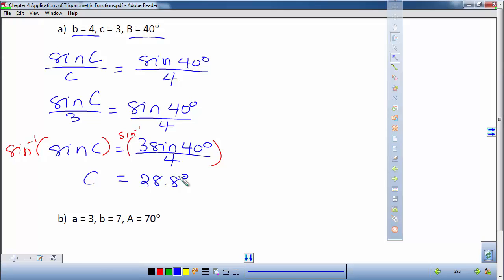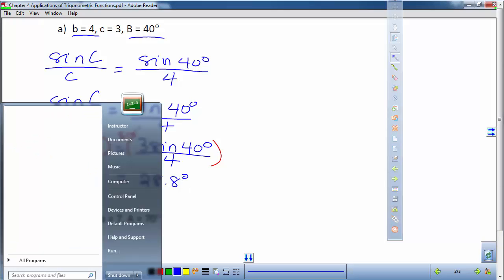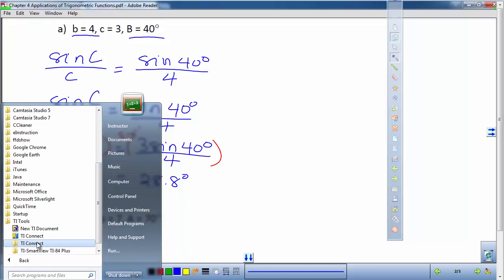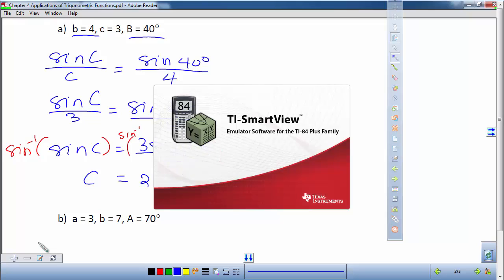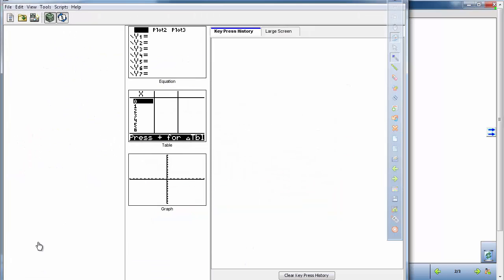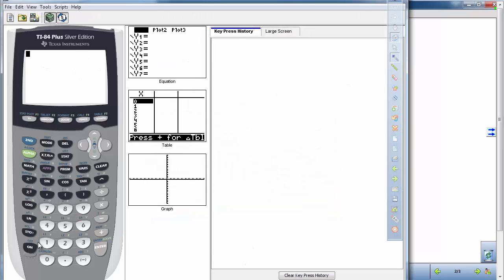On the calculator, I just hit second and the sine key to get to sine inverse. Make sure I'm in degree mode.